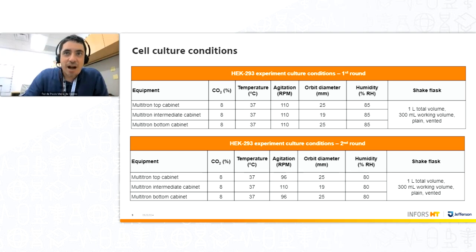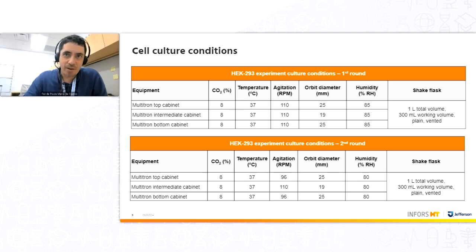Higher agitation usually increases the mixing and the aeration inside the shake flask, but it also increases the shear stress. What about the orbit diameter? We also call this the throw. It means the diameter of the orbit movement that the flask will be doing inside the shaker, inside the incubator. A higher value for the orbit diameter means more mixing and more aeration, but it also means more shear stress.